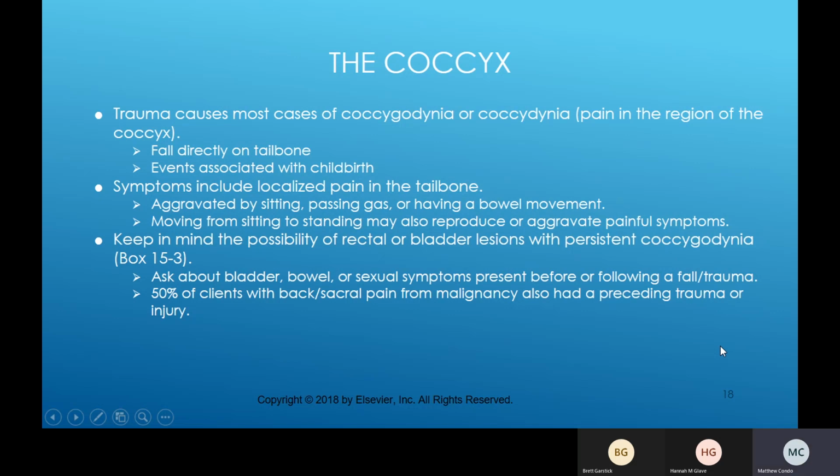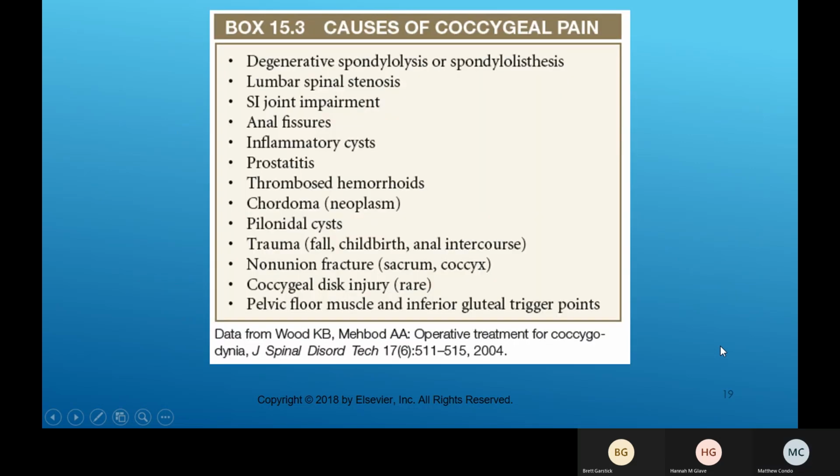If I have other bowel or bladder stuff happening, it's probably not an MSK problem. Okay, that's kind of the moral of the story. Those are all the great causes of coccyx pain or coccygeal pain. All sorts of fun stuff.